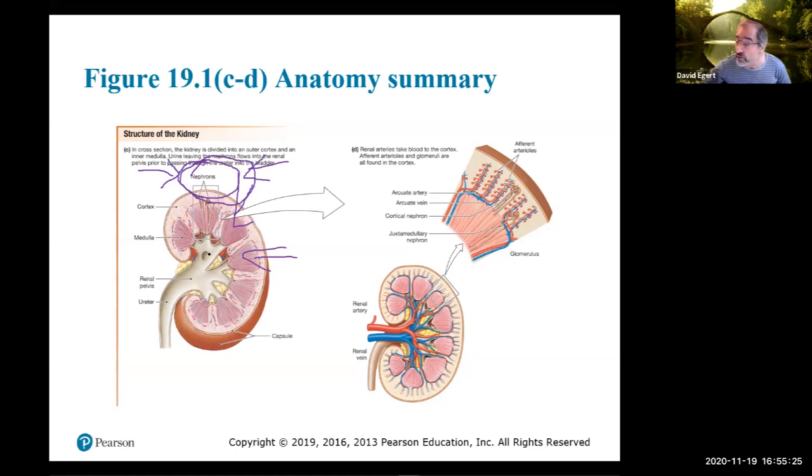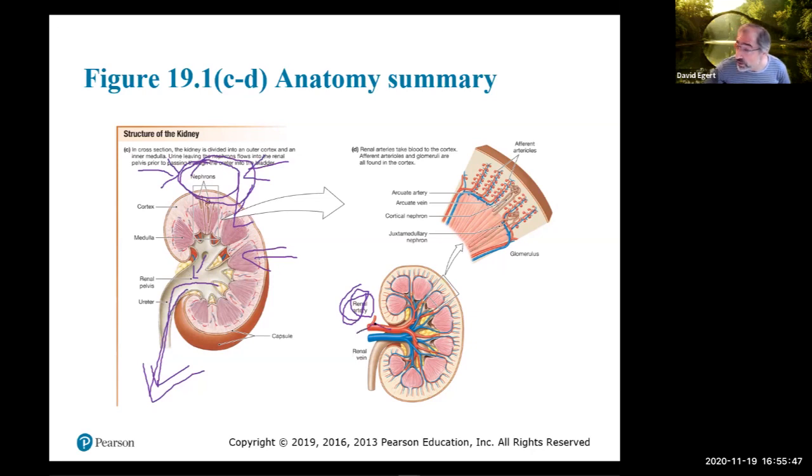At the end, all the nephrons are going to be making the urine, and the urine is ultimately going to be coming out the ureter. But the nephrons are the things in between, the things that take the blood coming in the renal artery and ultimately produce the urine coming out of the ureter.